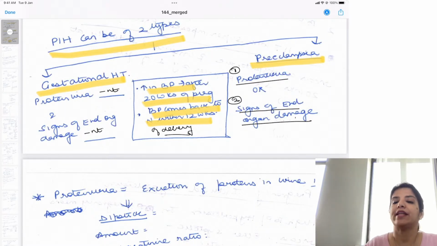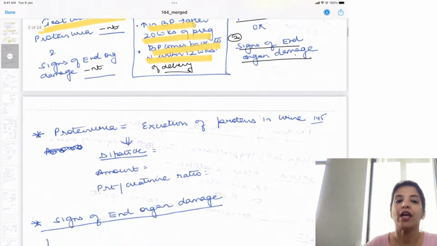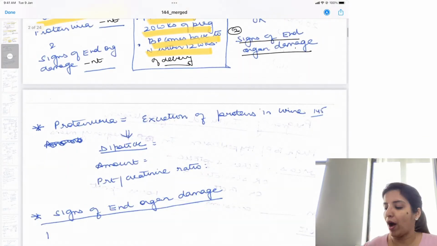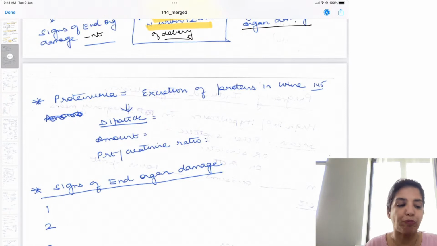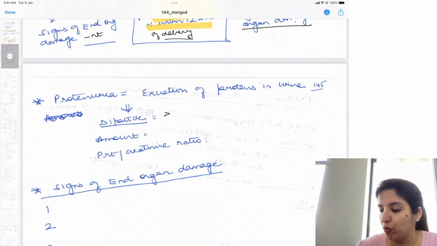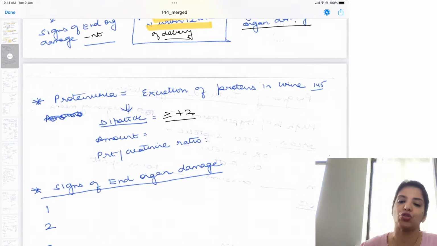Now they say that either proteinuria should be present or signs of end organ damage should be present, right? Now, how do you define proteinuria in pregnancy? So, proteinuria means excretion of proteins in urine. And how much excretion? If you are doing the dipstick method, if it is more than equal to +2.